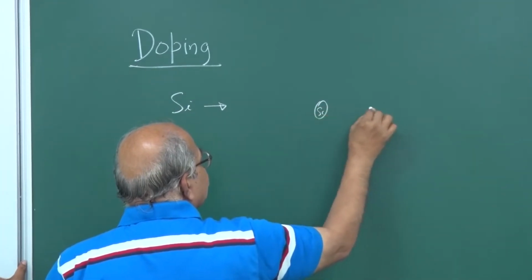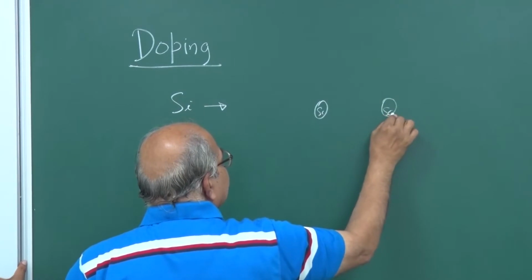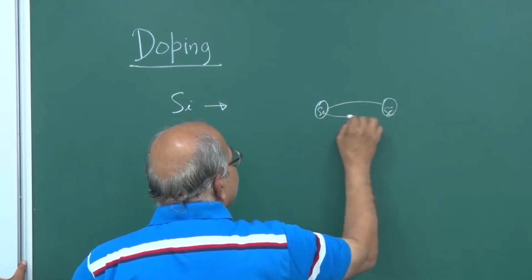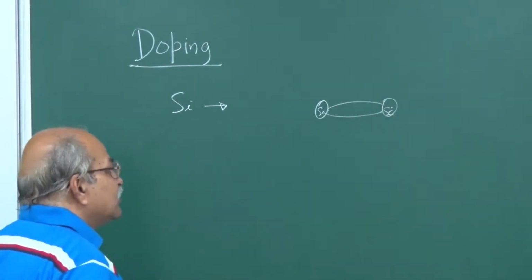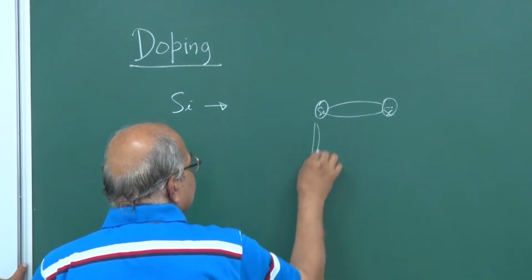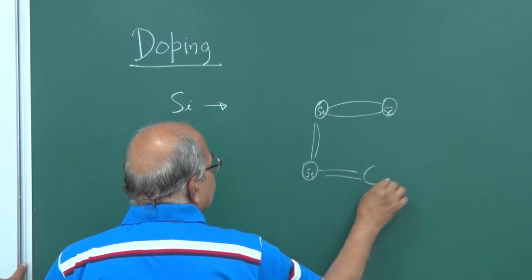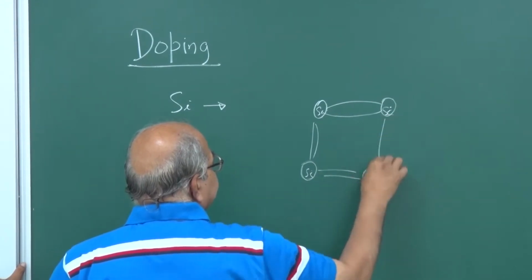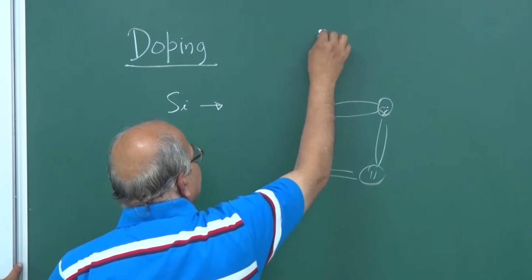Silicon and silicon are bonded by 2 electrons, 2 sp3 electrons, and each silicon is bonded to 4 other silicons and so on. So you have this kind of structure.